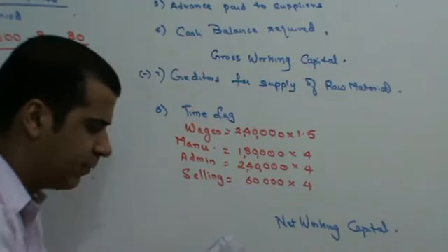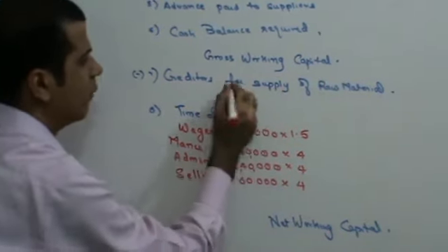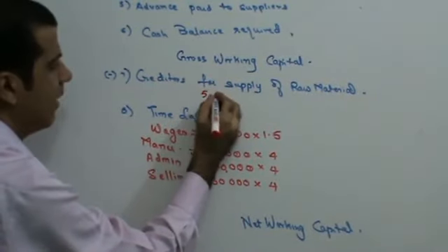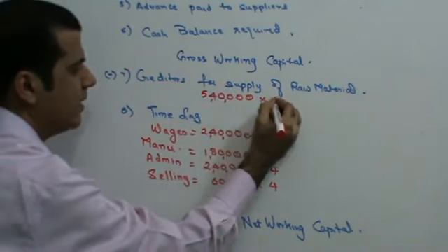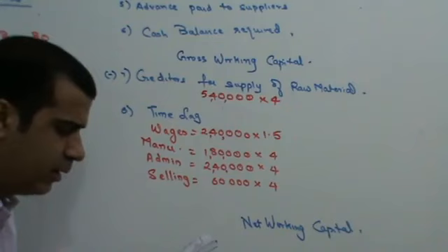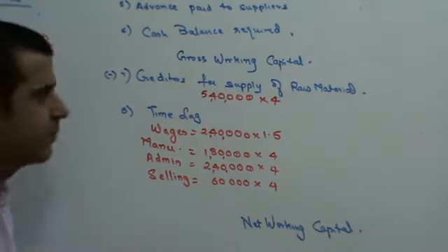Credit available from suppliers is 4 weeks. Creditors for supply of raw material. Raw material is 5,40,000, is 4 weeks, but 20% of the creditors are paid 4 weeks in advance.